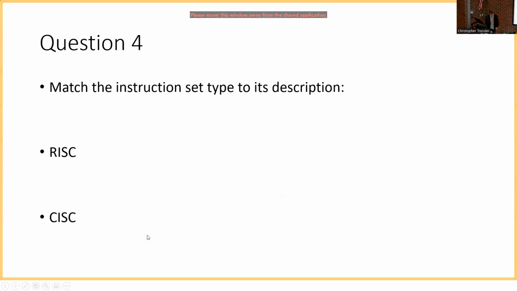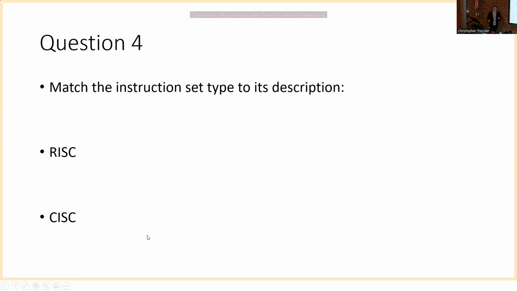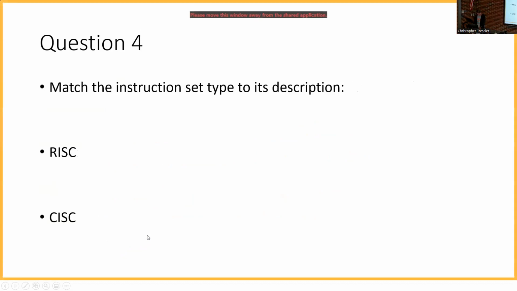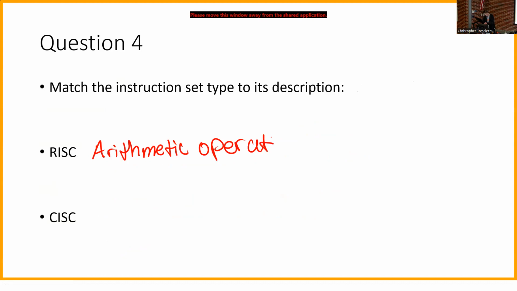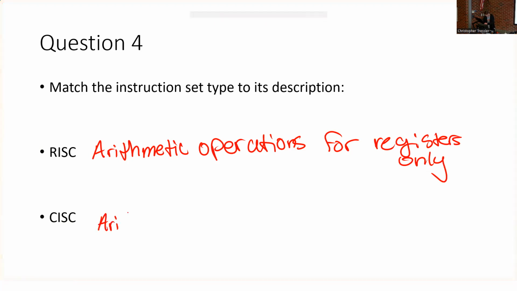So anyways, let's see. Now it says match the instruction set type to its description. And I know you guys don't have the drop down box, but basically this is a question with a drop down box. And we need to know that RISC is going to have arithmetic operations for registers only, whereas CISC is going to have arithmetic operations for registers and memory.